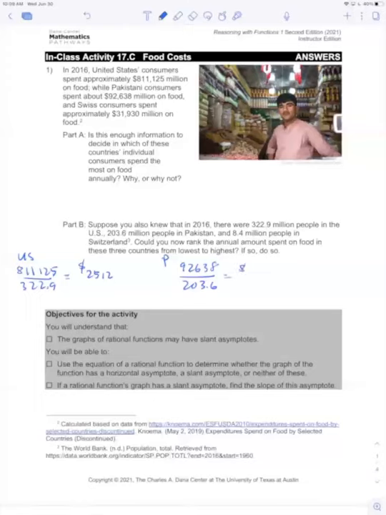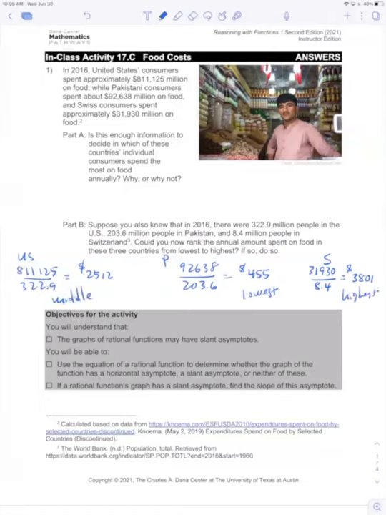And in dollars, that'll be 455. And then Switzerland, 31,930 over 8.4. And this is going to be 3801. Just calculating the averages.